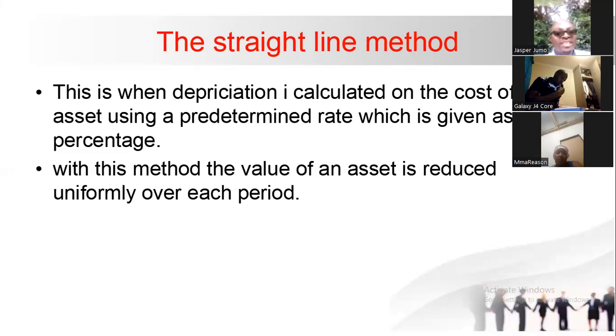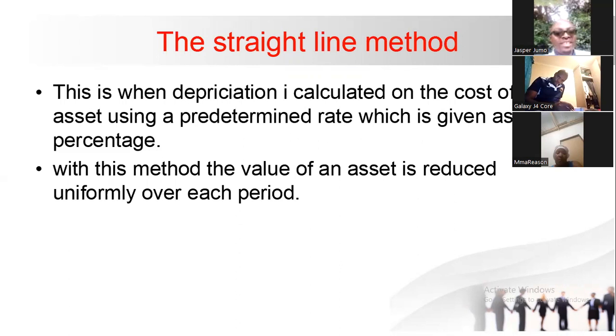So with this method, the value of an asset is reduced uniformly over each period. What do I mean? I mean, you'll find that if the rate is 25% and the cost is 20,000, each and every year until the asset is disposed, the charge is going to be 25% of 20,000, because it's the same rate being applied to the same cost.